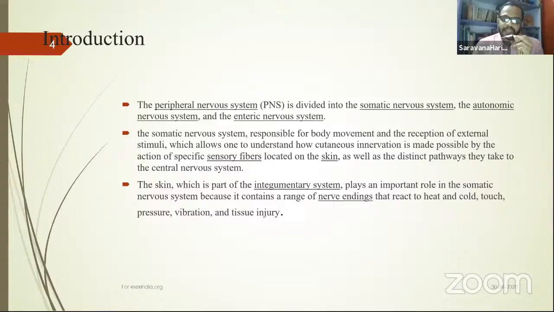So it is a part of the integumentary system also. There are a lot of nerve endings and receptors for different sensations like heat, cold, touch, pressure, vibration, and tissue injury, sending information to the spinal cord and the brain.